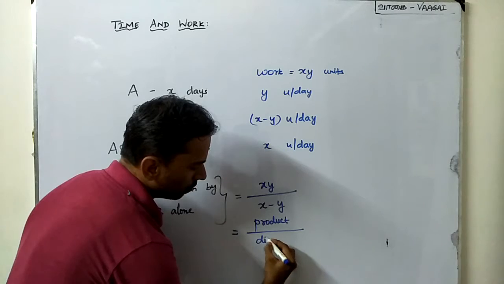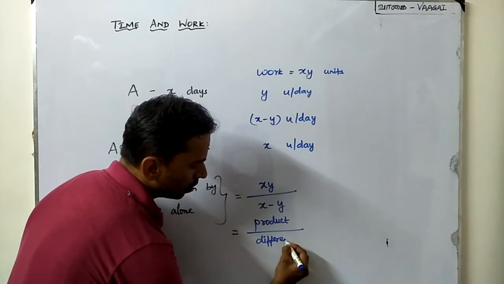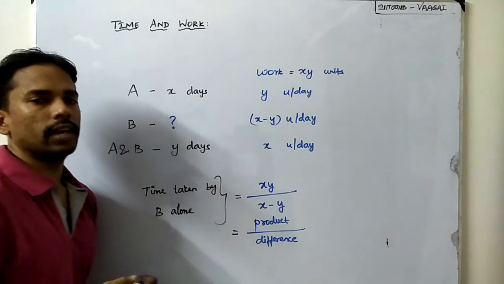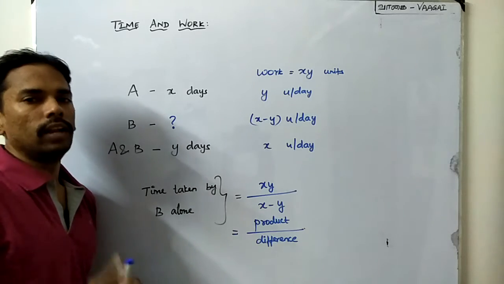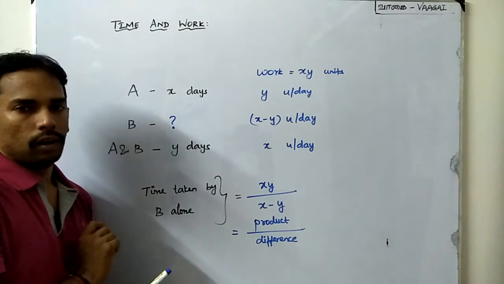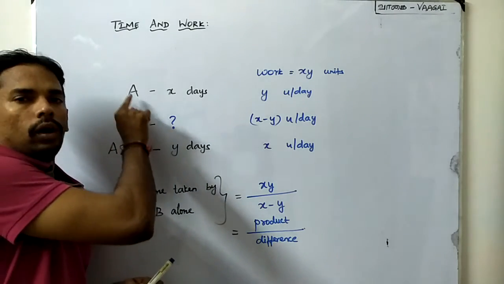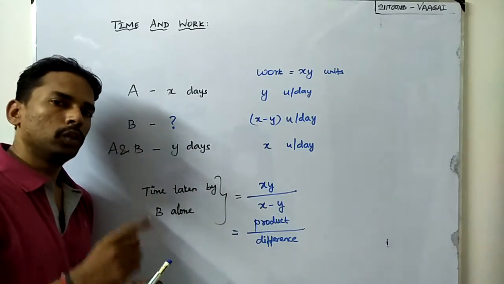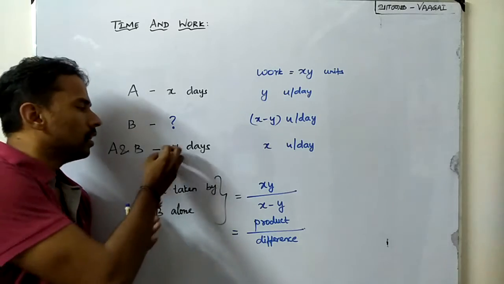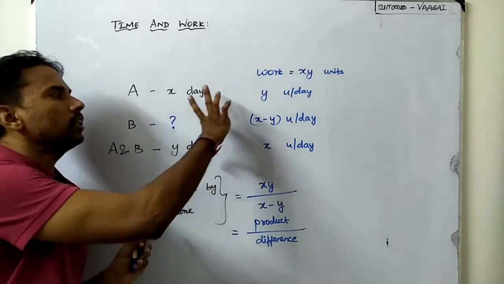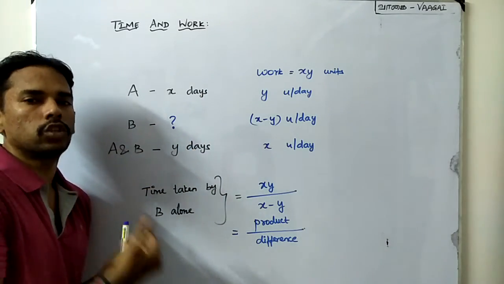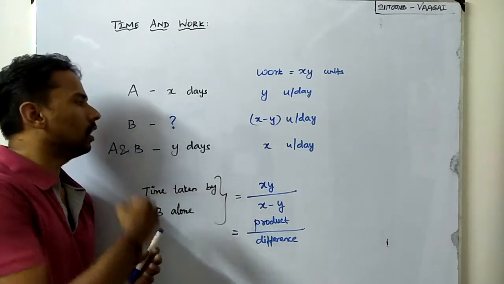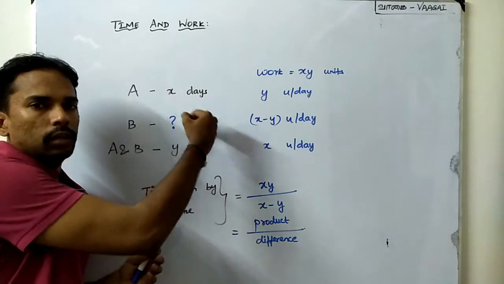So I note it as the difference. From this case, what we can learn is, whenever we are given two people, and one of them is taking this much time to complete the work, and both together are taking this much time to complete the work, if they give these two values and ask us to find how long the other person, the missing one, will take to complete the work.